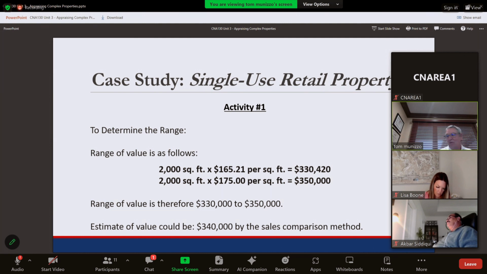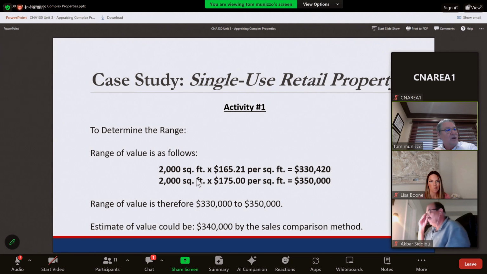Or the price per square foot was on the upper end of the range from the sampling because the subject has all new windows and a new roof compared to the comparables that don't, whatever you want to say. Or maybe it has a better view, or maybe there's a little bit more parking. Even though all those factors can be individually adjusted for, at the same time, you're letting the intended user know the reasoning while you reconcile either on the lower or the higher or in the middle.